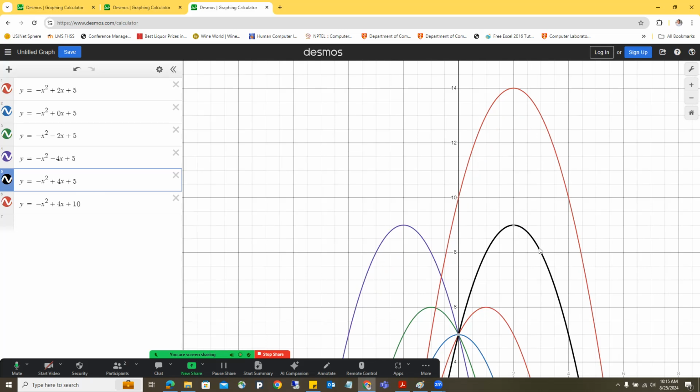I just changed the c value, only the c value, to 10. 10 means 5 units have increased, which means all these y values have been shifted up by 5 units. That's what the black color one and this red color one interpret. Okay, is it clear?